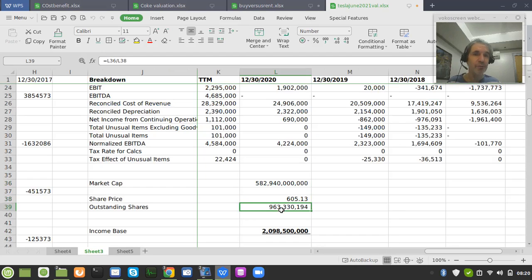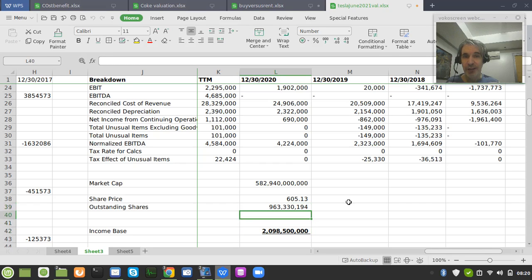So what we can do is very quickly calculate the number of shares outstanding by taking the market cap and dividing it by the share price. So we can see there's 963 million shares outstanding, almost a billion shares for Tesla.